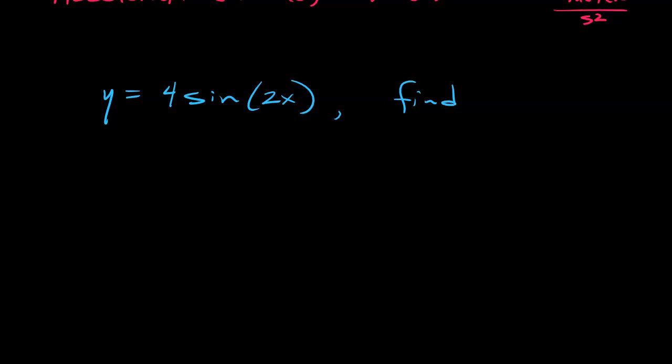Now, there's all sorts of different notation, which is what I don't usually like. If you see this, y equals 4 sine 2x, find d cubed dx cubed. This isn't in function notation because I wrote y equals.